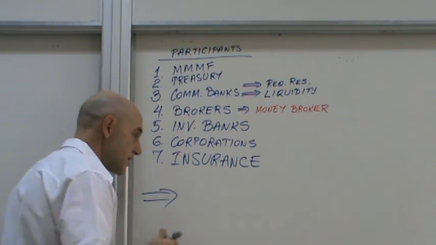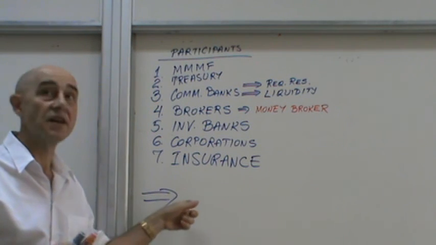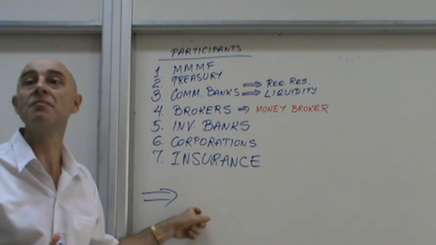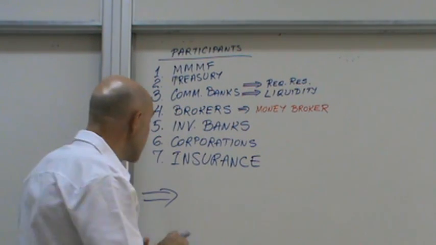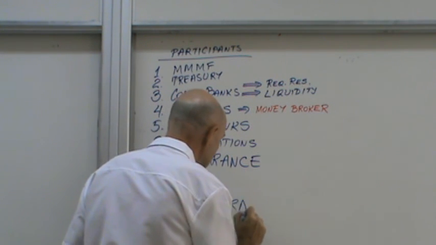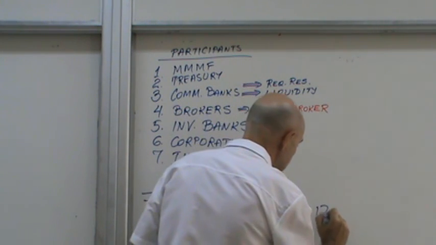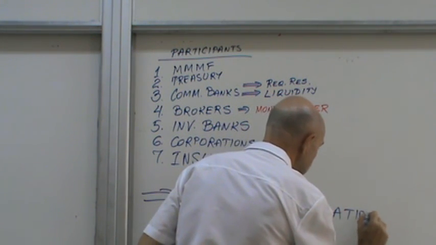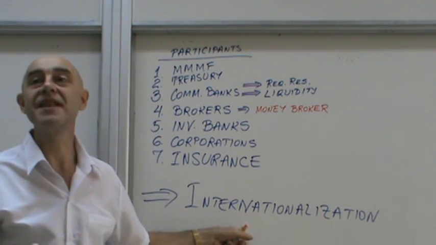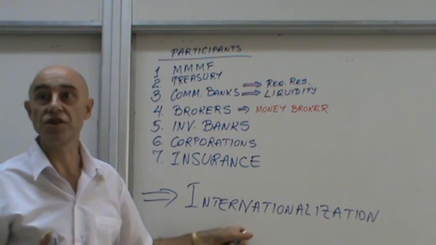And the last section is very simple, very easy. Just one summary: the money market has become increasingly internationalized, or sometimes they like to call it the globalization of the markets.